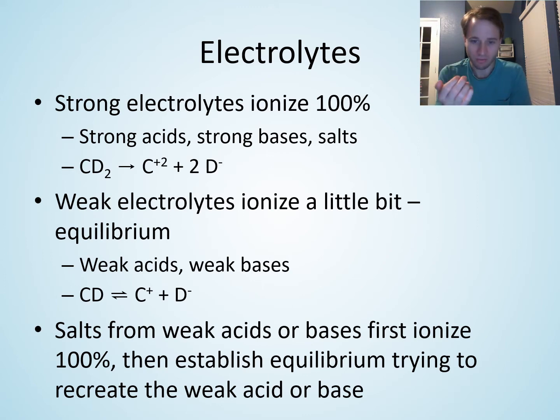Now, a weak electrolyte only breaks apart partially and establishes some type of equilibrium between the associated and dissociated version of the molecule, like the weak acids and weak bases that we've talked about. So for that example, the molecule CD establishes an equilibrium with C+ and D- in solution.